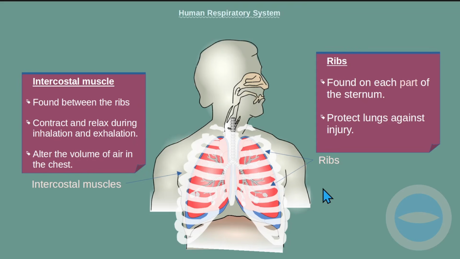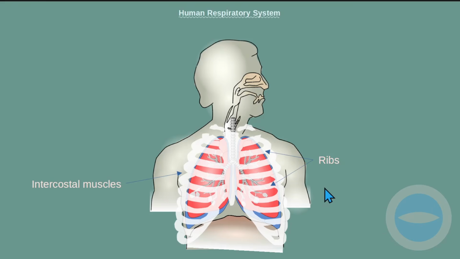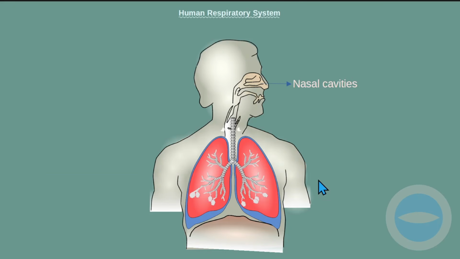So now let's get inside. I will remove these ribs so that we can see what is happening inside. Then I took the ribs out. So the nasal cavity is this cavity where air gets into our body. Here we have the nose, and then the air gets in, then moves through the nasal cavity down to the lungs.